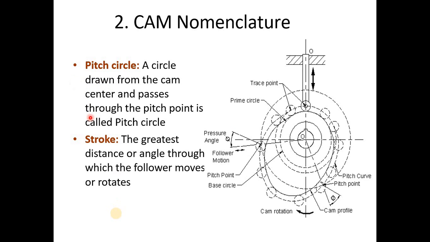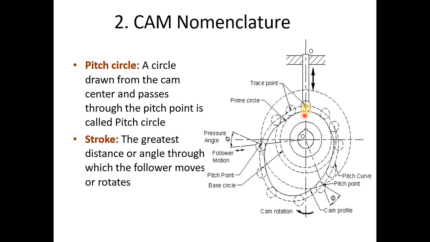Next is stroke. What is the stroke of the follower? According to the shape of the cam, the follower must go upward and downward, that is, an oscillating or reciprocating motion as per the shape of the cam.